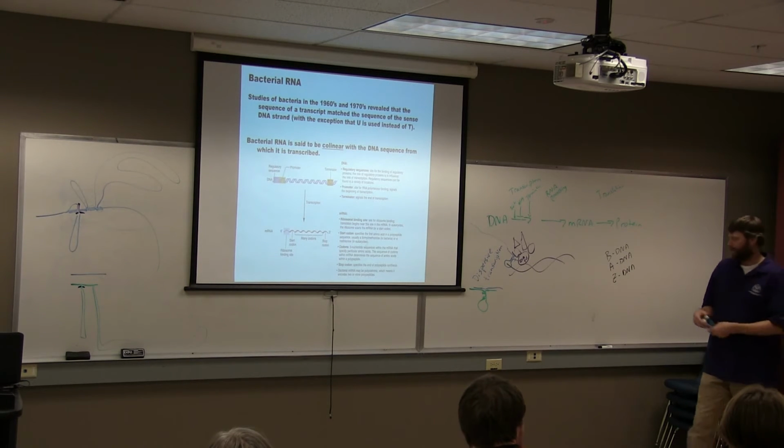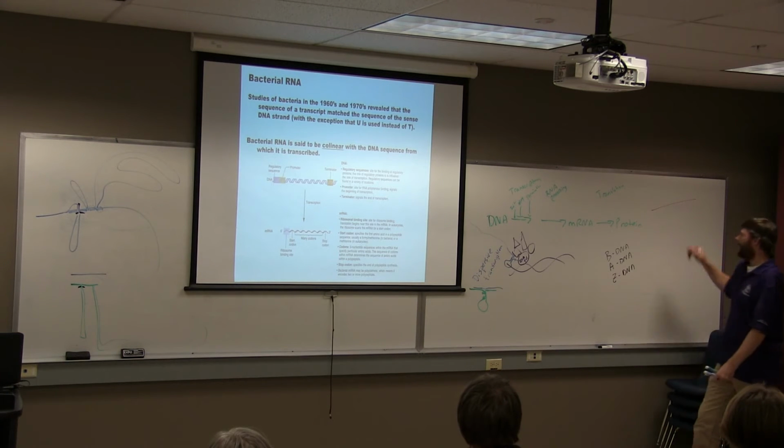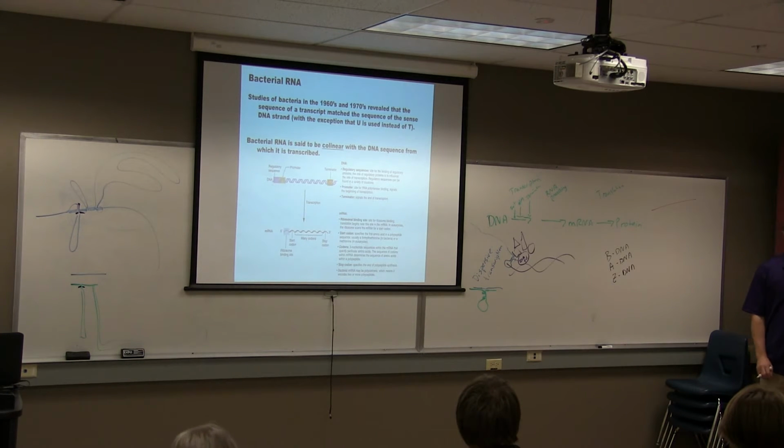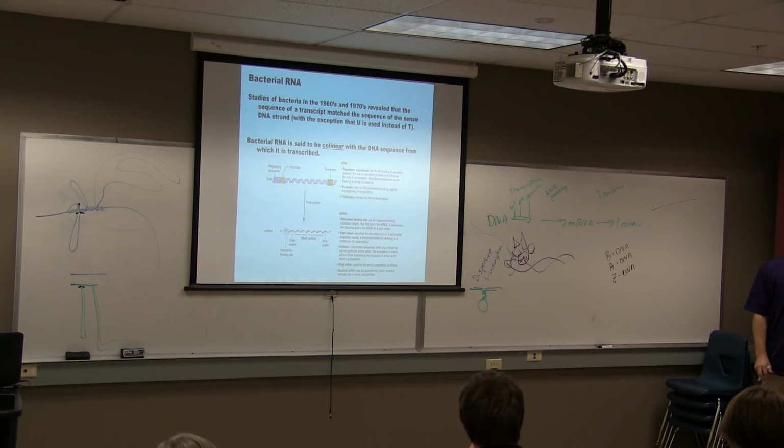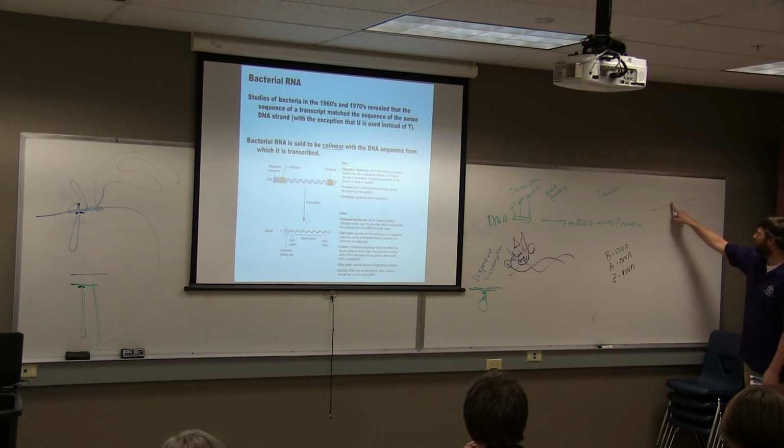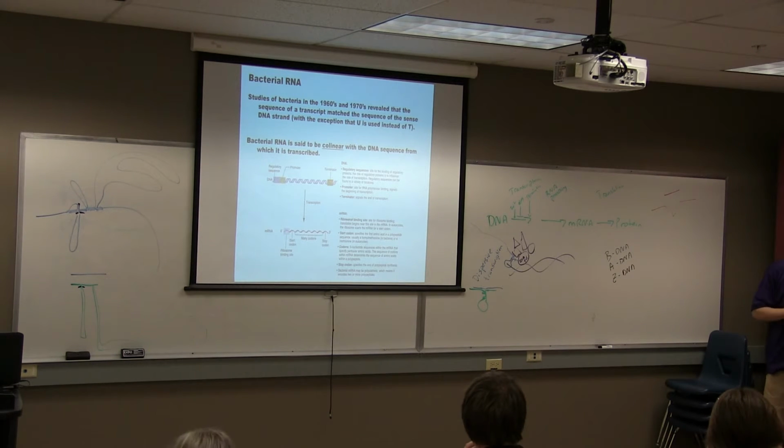The alternative is you make an RNA, and then you somehow break the covalent bond here, and you break the covalent bond here, this thing goes away, and then somehow you connect those covalent bonds.